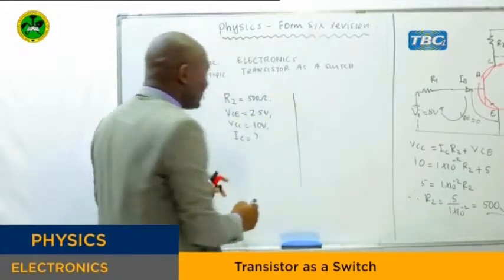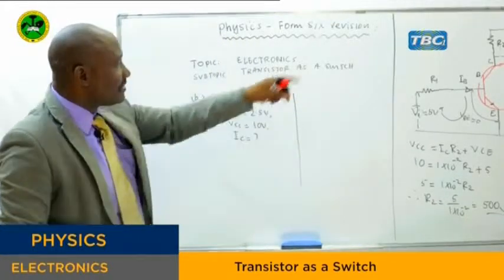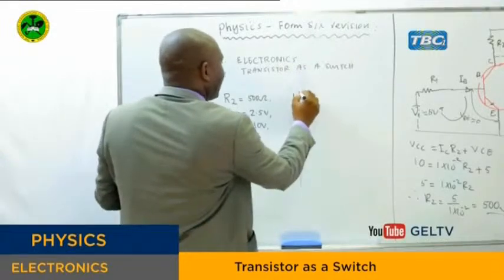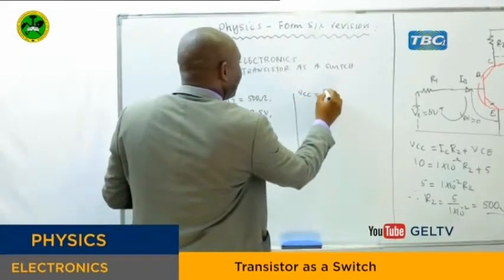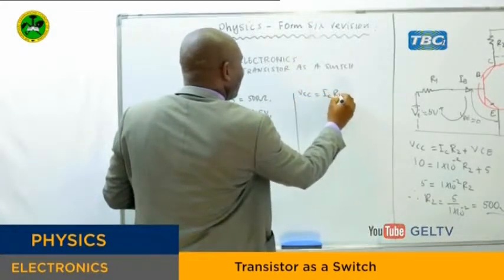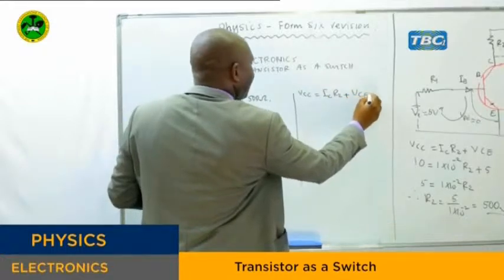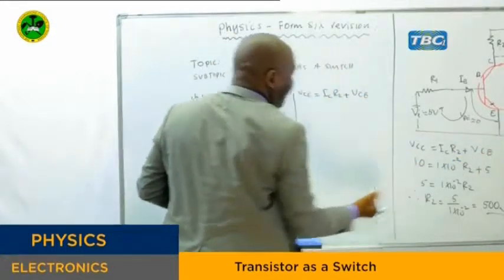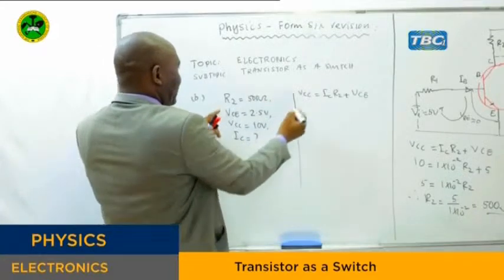So from here, you are talking about the output circuit, where the supply voltage equals IC R2 plus VCE, as we derived from here. So you have 10.